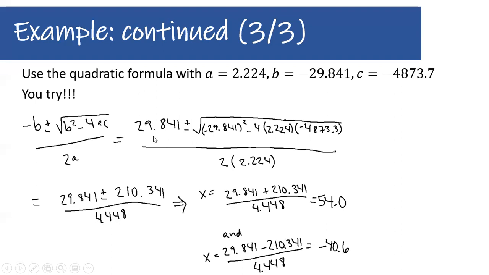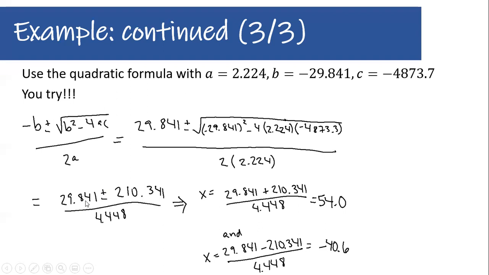Here's b, negative b, because b was already negative, so it drops to be a positive, plus or minus the square root of, here's b squared, minus 4 times a times c, all over 2 times a. Now we use our calculator and we get this all simplified out here. And we end up with 29.841 plus or minus 210.341 divided by 4.448.